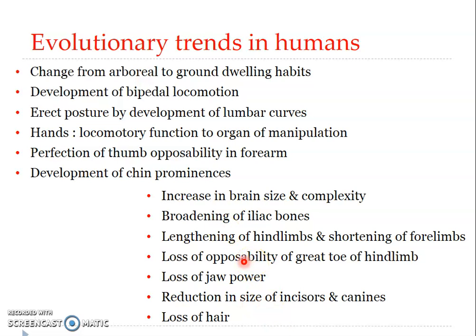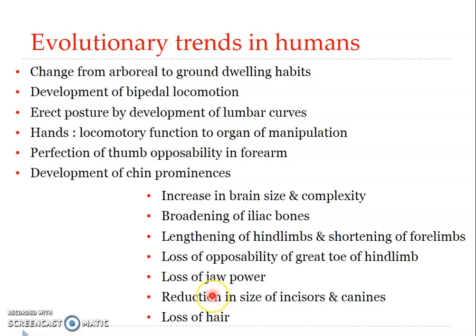Okay, but this opposable first digit got perfected or bettered in the case of the forelimb, but in the hind limb what happened is it became lost. Okay, because it was of no use. The hind limbs were used for bipedal locomotion, so obviously opposability was of no use, and slowly that particular function got lost, as it was no longer used in grasping.